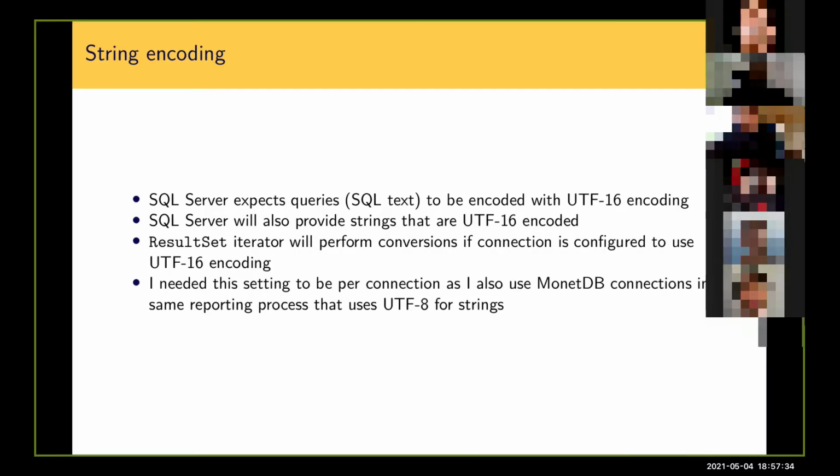This is handled by odbc-iter by transcoding the queries to UTF-16 before they are sent, and also transcoding the string types into Rust types from UTF-16. And if you don't specify that the database is UTF-16, then everything just works as usual with an assumption that everything is UTF-8 encoded. Obviously, some databases may use code pages and stuff like that, but that's something I do not support here.